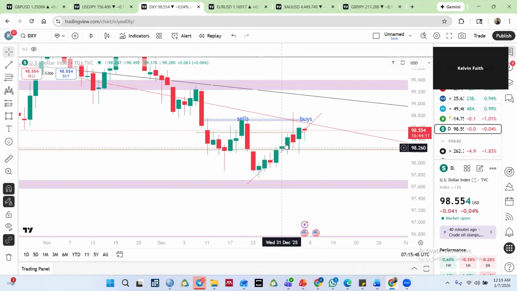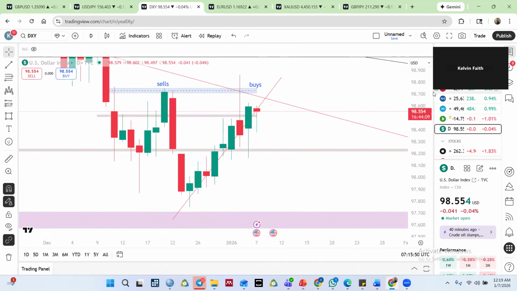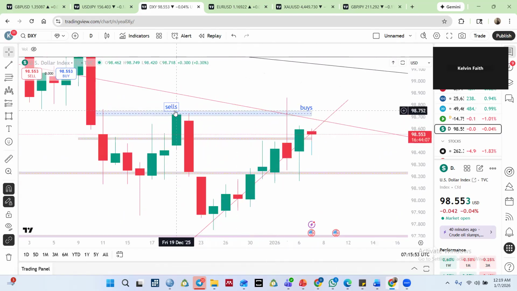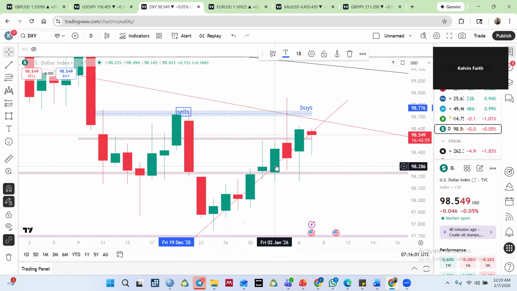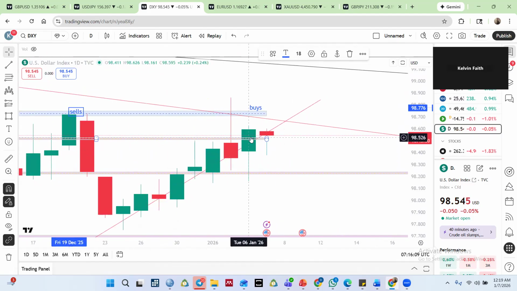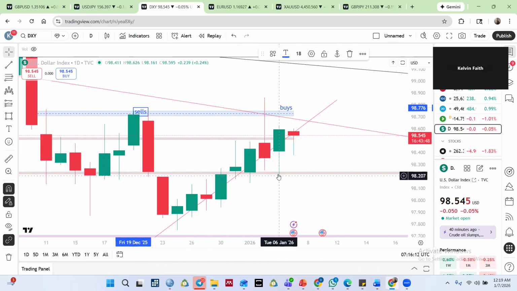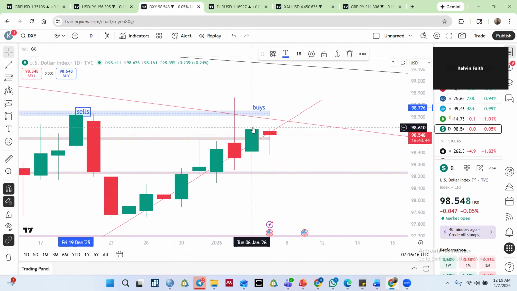Then the market pulls up, gets into this same zone, and hits these sellers that are here. The sellers push the market down from here. The market comes back up, hits the sellers, breaks through them, but still the sellers pushed it down. Then we can see the buyers also pick up from this area here. They push the market back up.